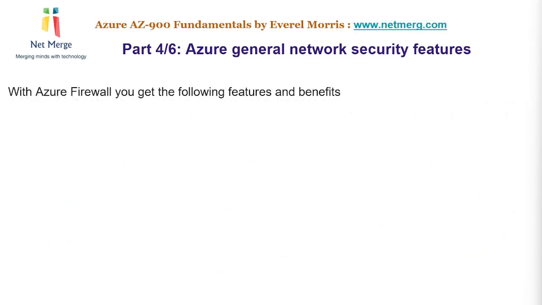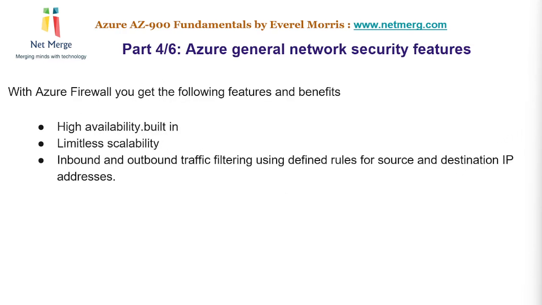So we're looking now at the Azure Firewall, and you get the following features. You help maintain high availability, built into the firewall, from blocking IP addresses or using it to shield network protocols. You're able to use ports, or you can open and close ports on demand, so you get that ability for on-demand access. You get scalability as well, limitless scalability, so you could scale infinitely.